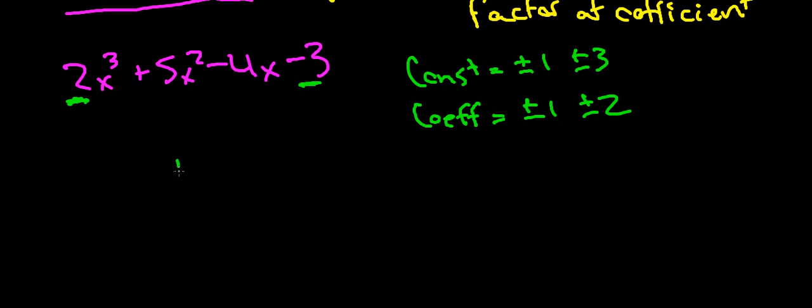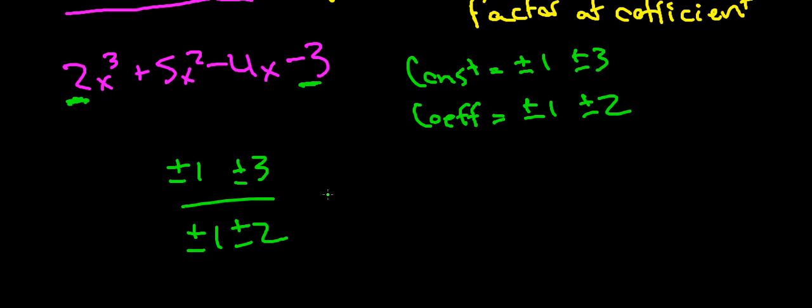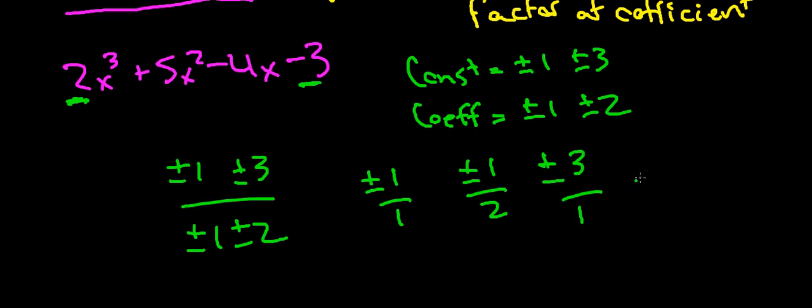Here are our constants, and here are our coefficients, and we need to write out all possibilities. So we can have plus or minus 1 over 1, plus or minus 1 over 2, plus or minus 3 over 1, and plus or minus 3 over 2. These are all the possible zeros.